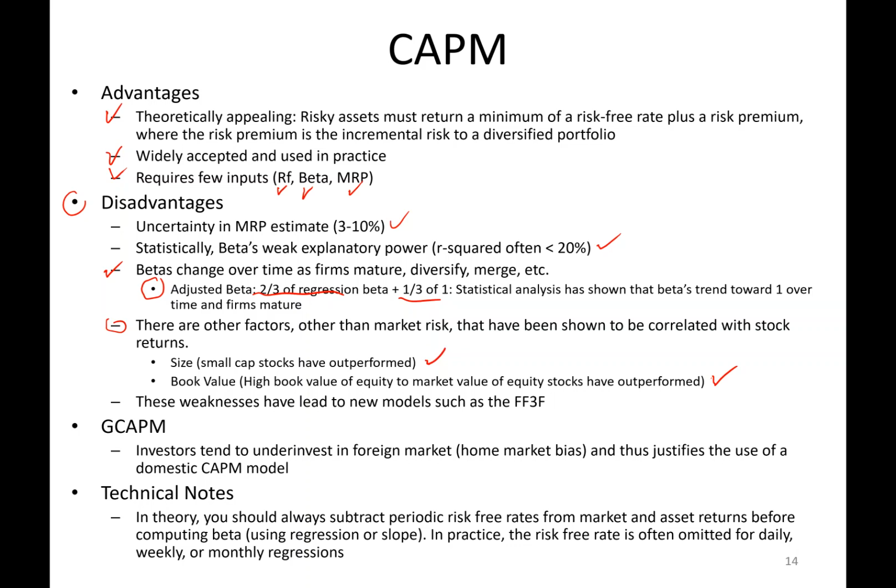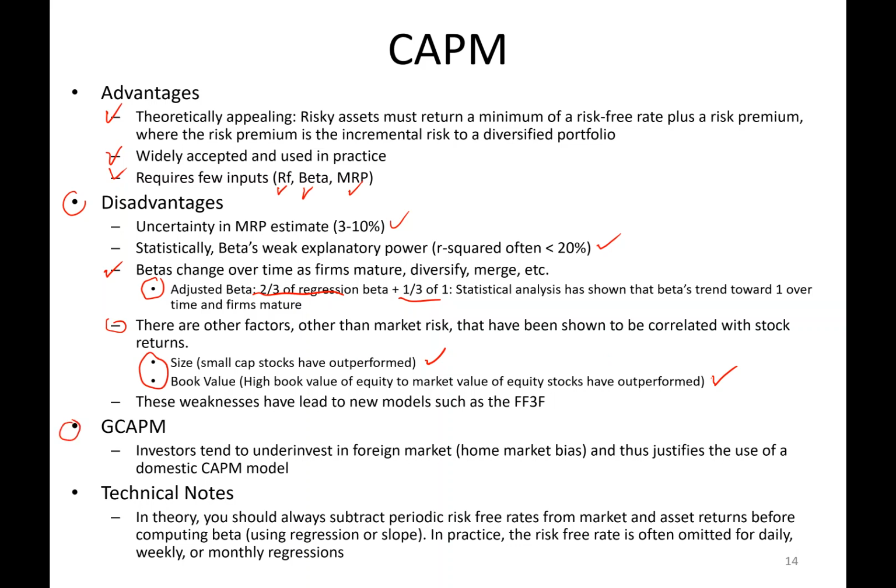So these two other risk factors have seemed to persistently lead to excess returns, and these weaknesses, and particularly these two observations, have led to other models like Fama-French that we're going to mention in the future.